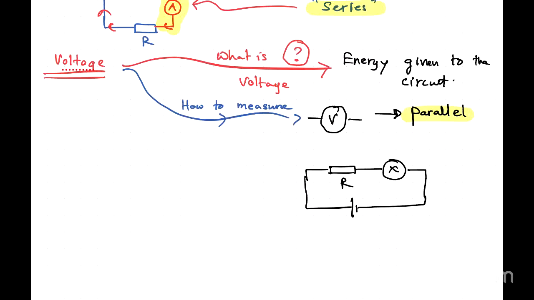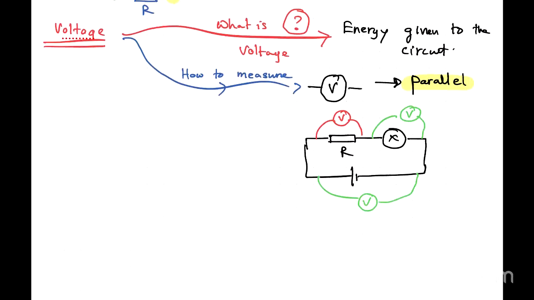If they ask you to measure the voltage across the resistor, you connect the voltmeter like this. If it is the voltage across the bulb, you connect it like this. If it is the voltage across the power supply, it is going to be like this. So always in the parallel manner.